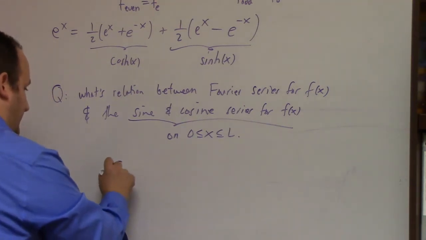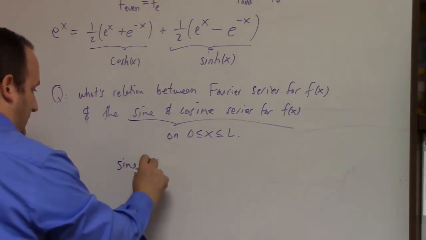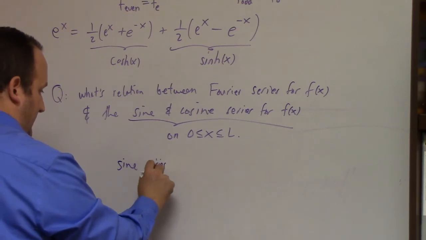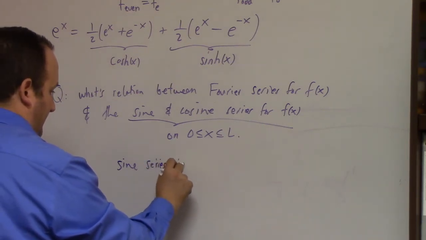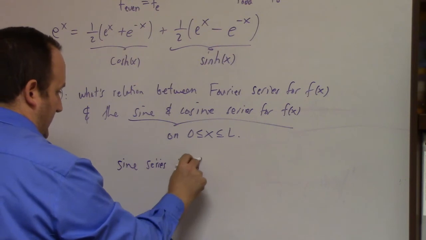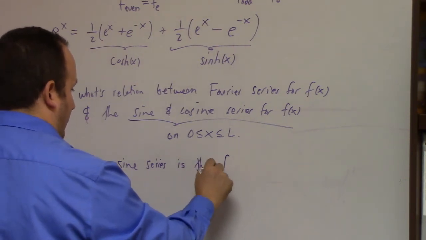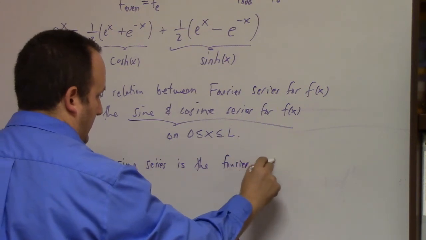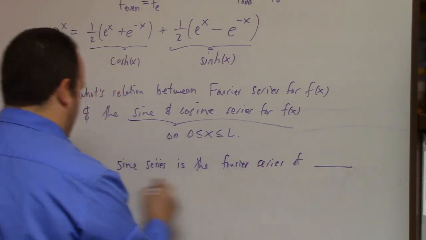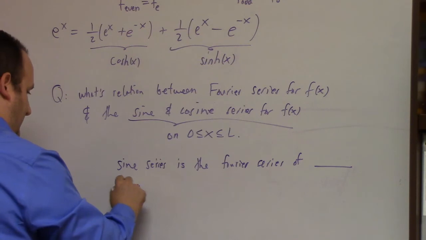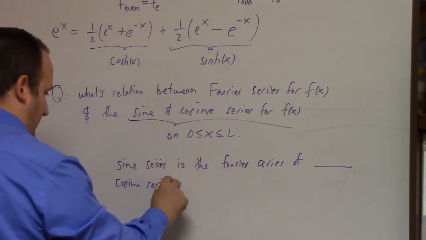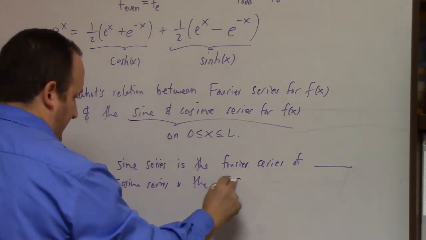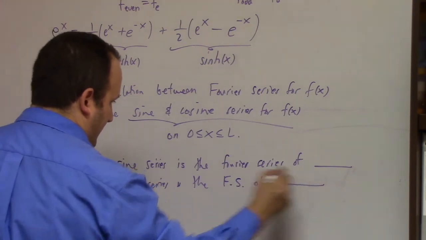Well, here's the relation. The sine series is the Fourier series of blank. The cosine series is the Fourier series of blank.